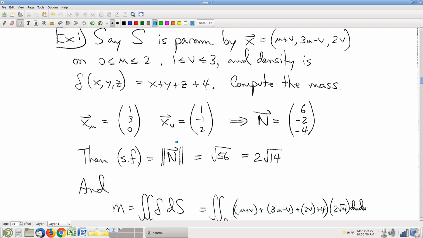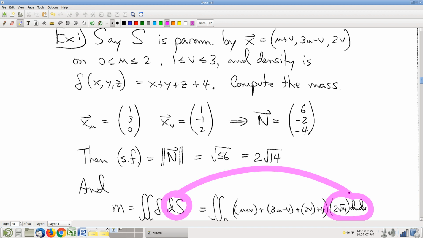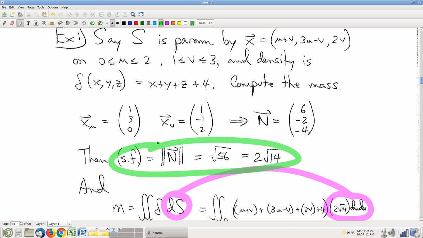But the computation of the stretching factor, you know the formula, of course, and then it's just turn the crank. It's just repetition. Okay, so there's our stretching factor, and notice that that's what I plug in for dS. dS is our stretching factor times du dv. That's the first thing that I did there.